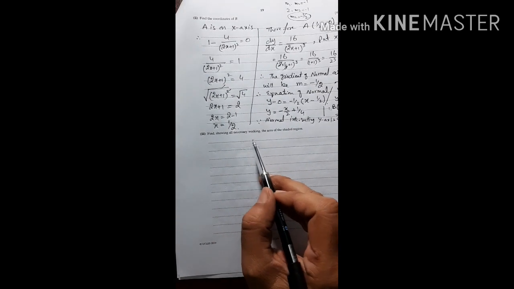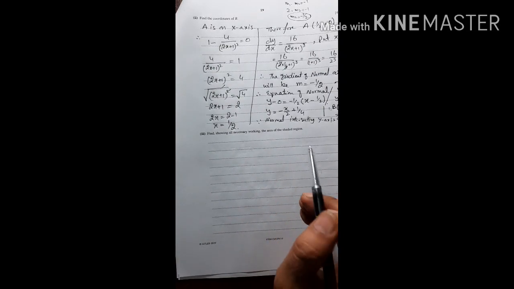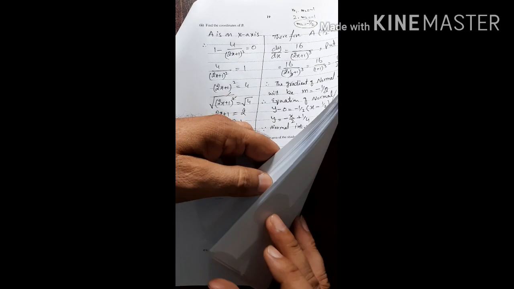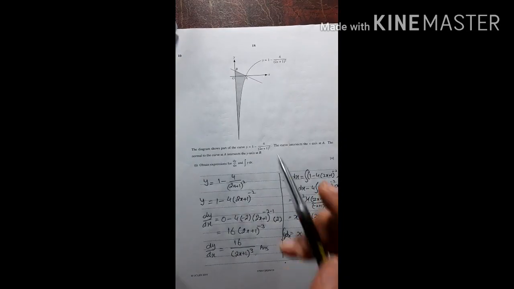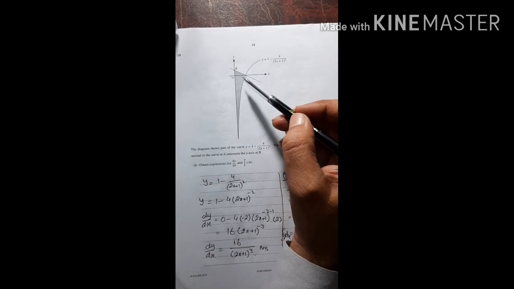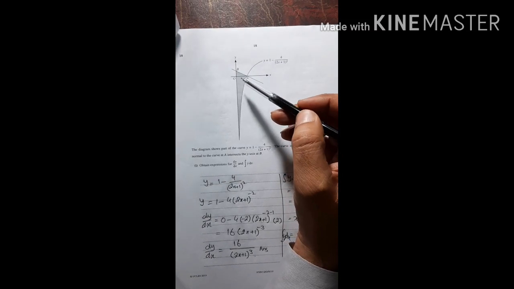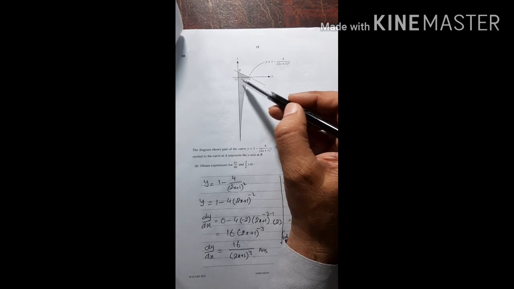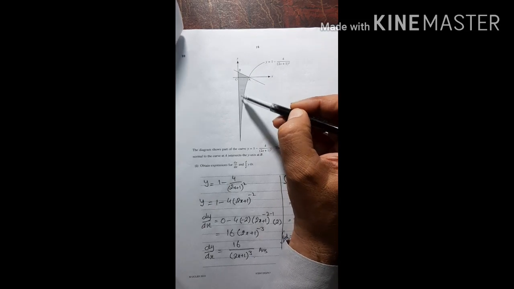The last part is showing all the necessary working, the area of the shaded region. If you see the figure again, we need this area of the shaded region. So just understand how we'll solve this area. First of all, I will find out this area below the x-axis.